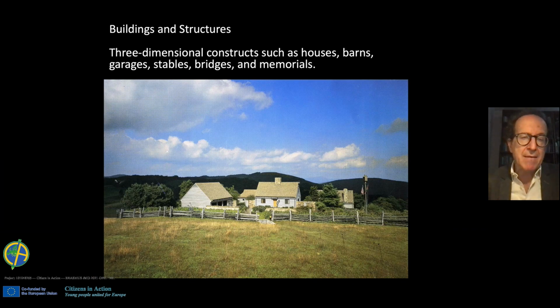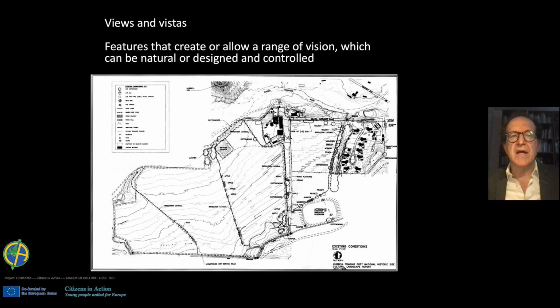And then again, buildings and structures, three-dimensional construction systems like houses, barns, garages, stables, bridges, memorials. They are another element to be considered to characterize a landscape.